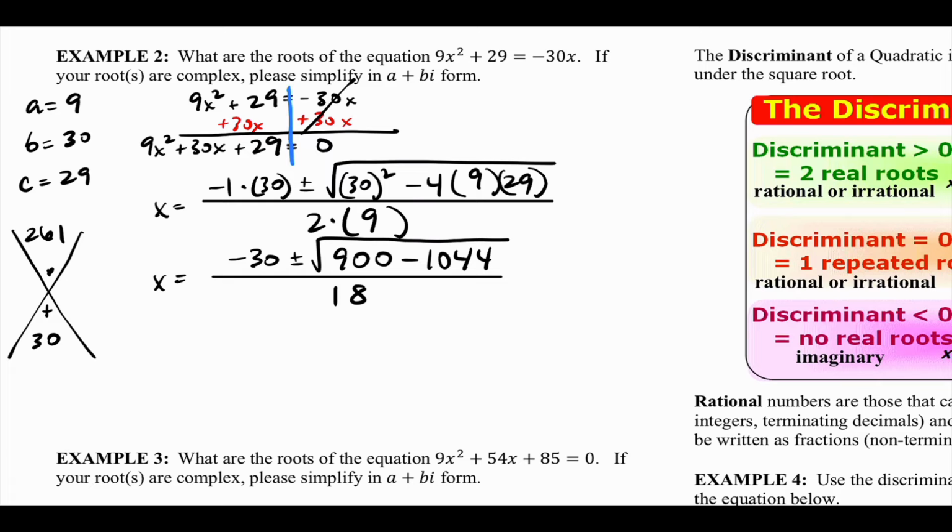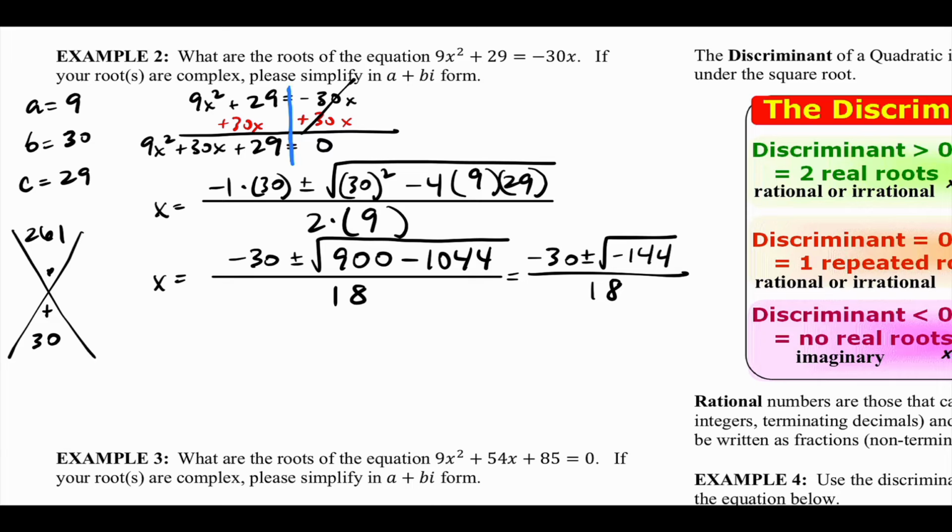Okay. So negative 30 plus or minus the square root of 900 minus 1044. It's actually going to be negative 144 again. It's not always going to be negative 144. You might get other things. So just because it's been twice, just coincidence.